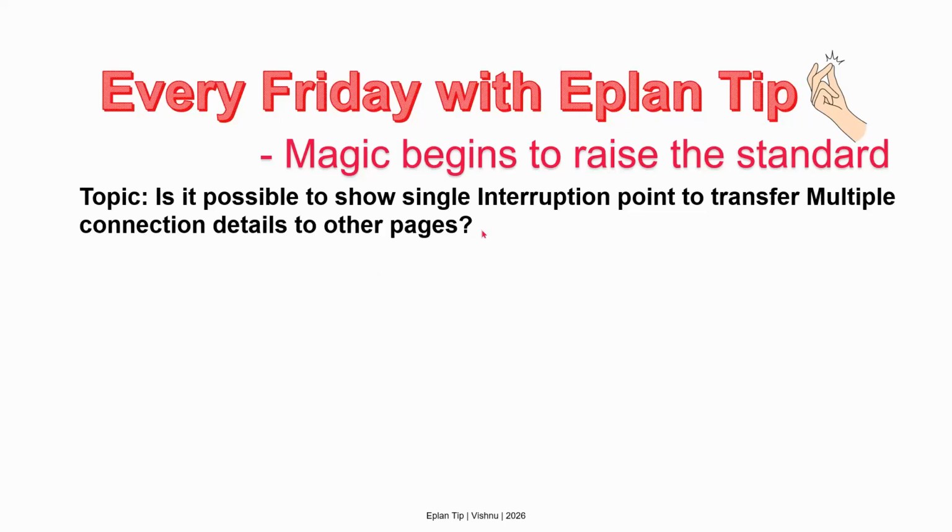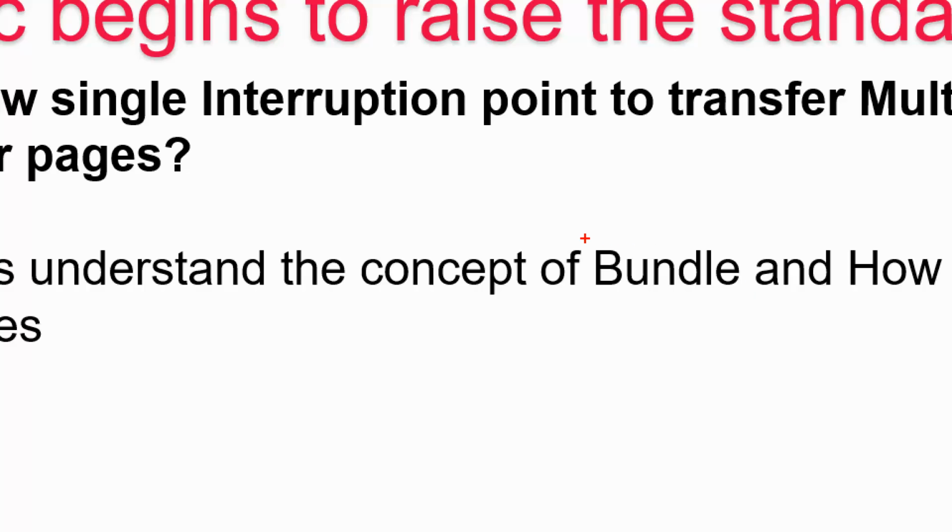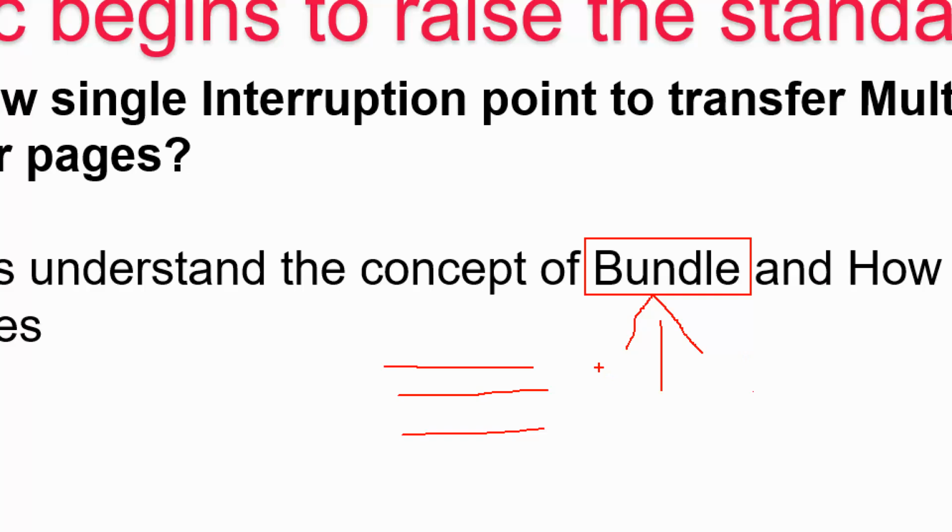If you want to do such things, it is of course possible, and it can be done with the help of this particular one called bundle. If you explore, bundle is the one which can help you in doing these things. What I was trying to say is that if I have 3 connections, and I want to connect these 3 connections in another place, the bundle plays as a bridge for you.